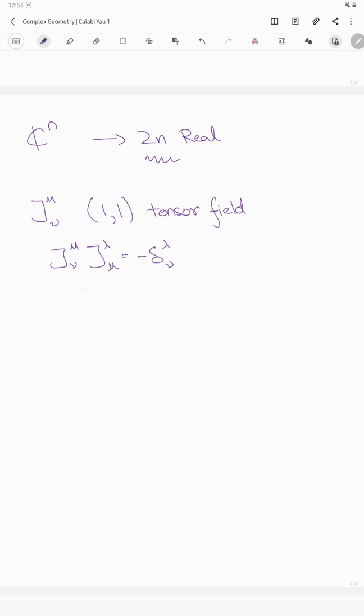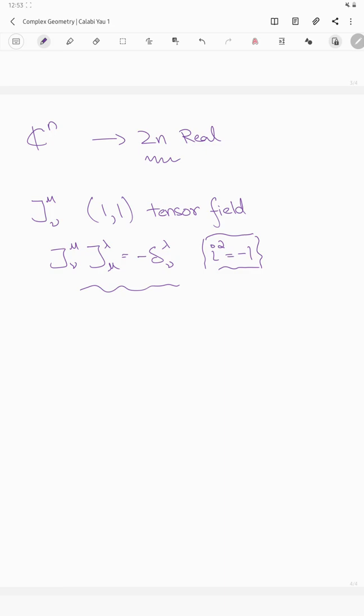Now this over here is the generalization of what we have, that is iota squared is minus 1, right? This is in two dimensions.